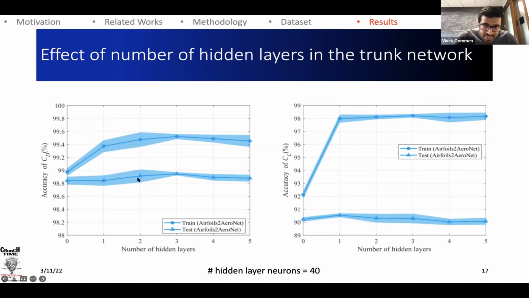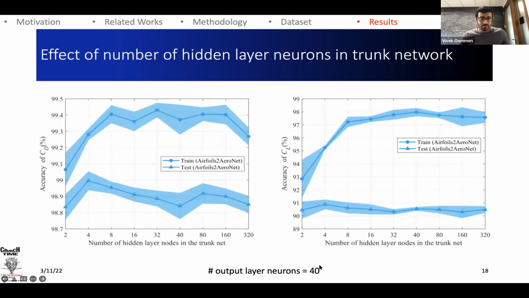We see that on increasing the number of hidden layers, initially the accuracy increases in prediction of drag coefficient and lift coefficient, and then it saturates close to 3 or 2. Yeah, so this is their observation. And in this case, the number of hidden layer neurons is fixed to 40 neurons.